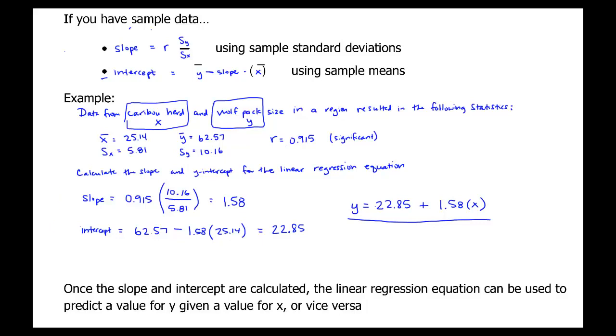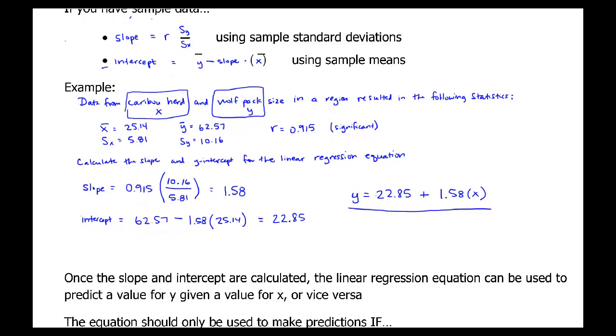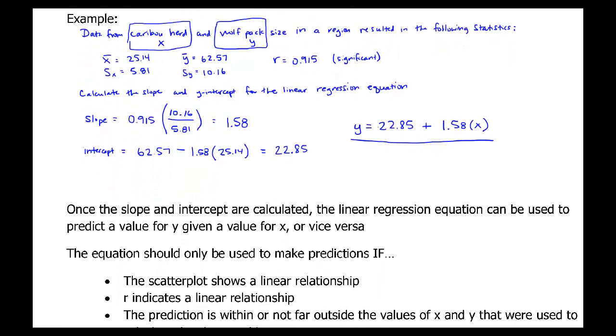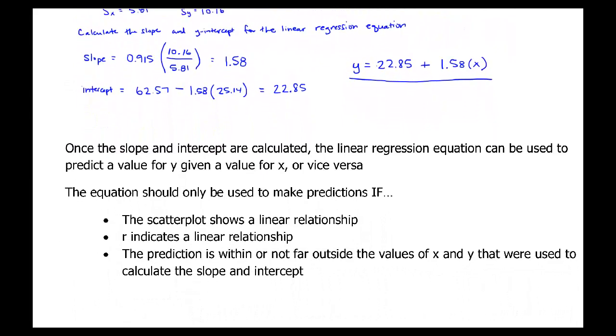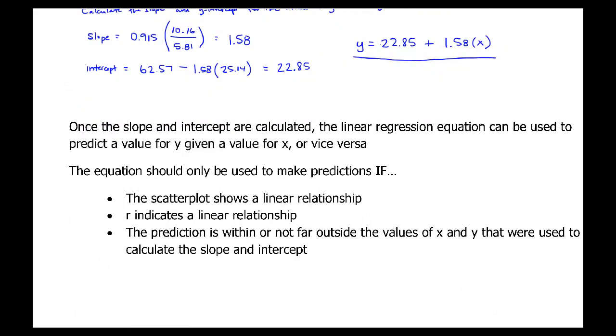All right, so once we have a line for our linear regression equation, we can predict values of x given y, or values of y given x. So if we take this equation that we just calculated and we wanted to know if the caribou herd size was, let's go back up and look at our data.